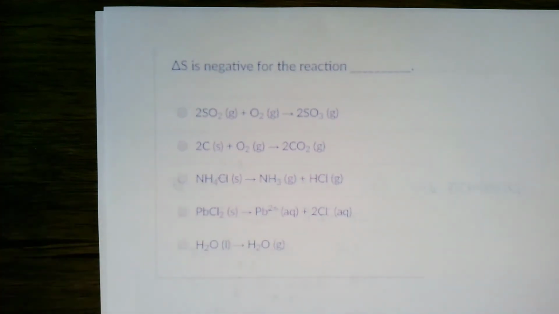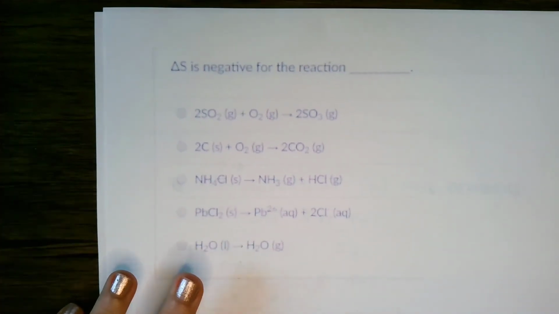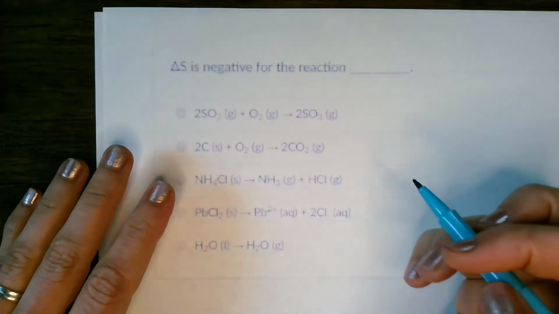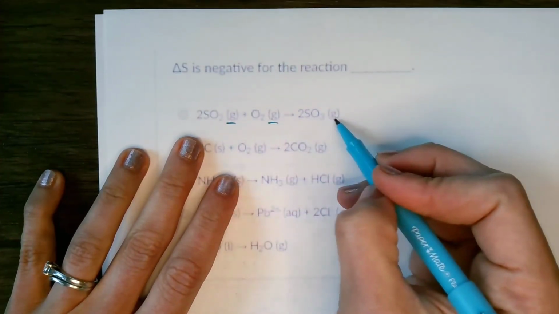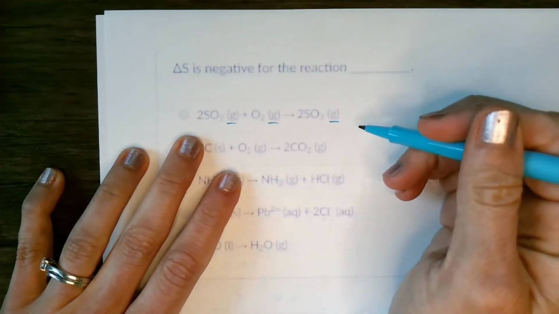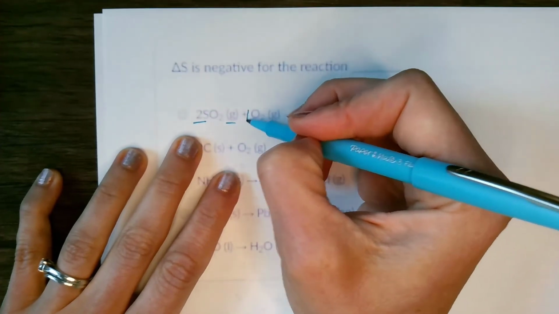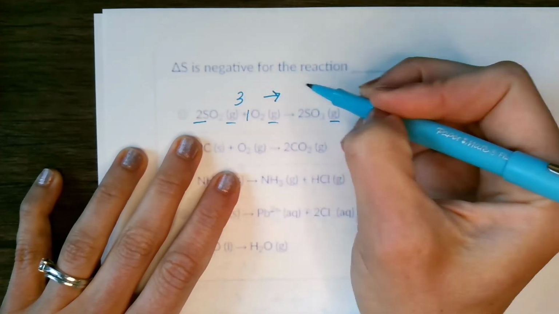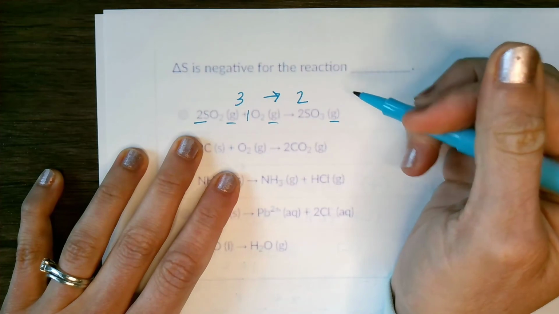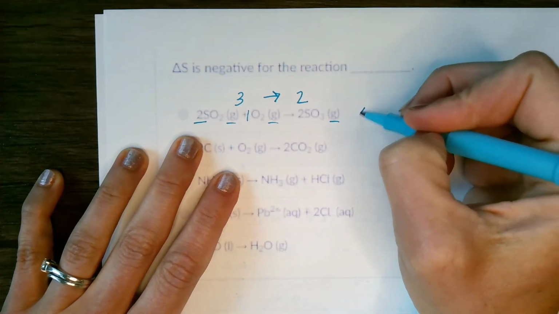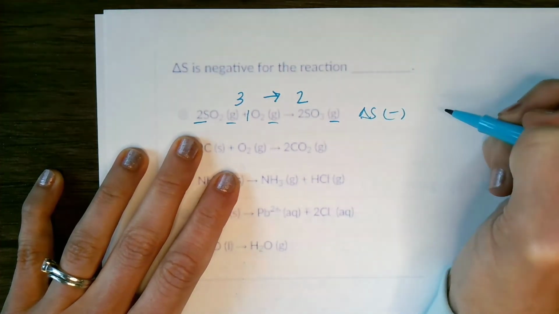All right, we have 2 more. Delta S is negative for this reaction. Let's check it out. So we have gas, gas, gas. Now let's look at quantity. 2 moles plus 1 mole, so 3 moles going down to 2.